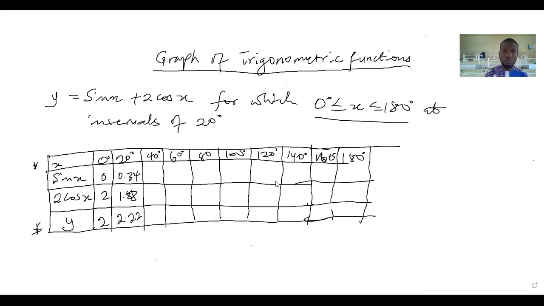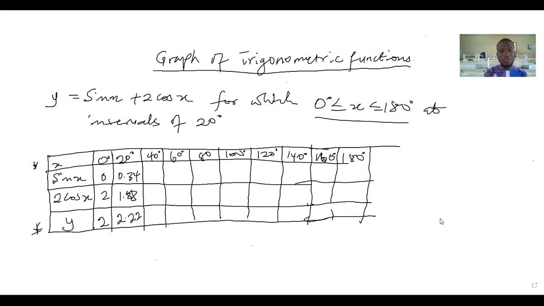All right, so Nana went off, and this video will come to an end because he will send a picture of his graph to me. But after we finish, first of all, when we complete the table, this is what our table is supposed to look like.